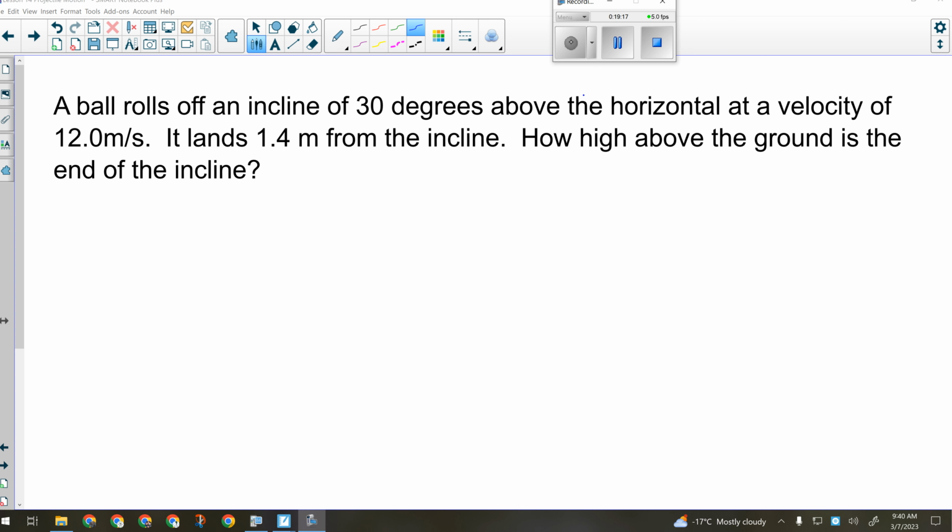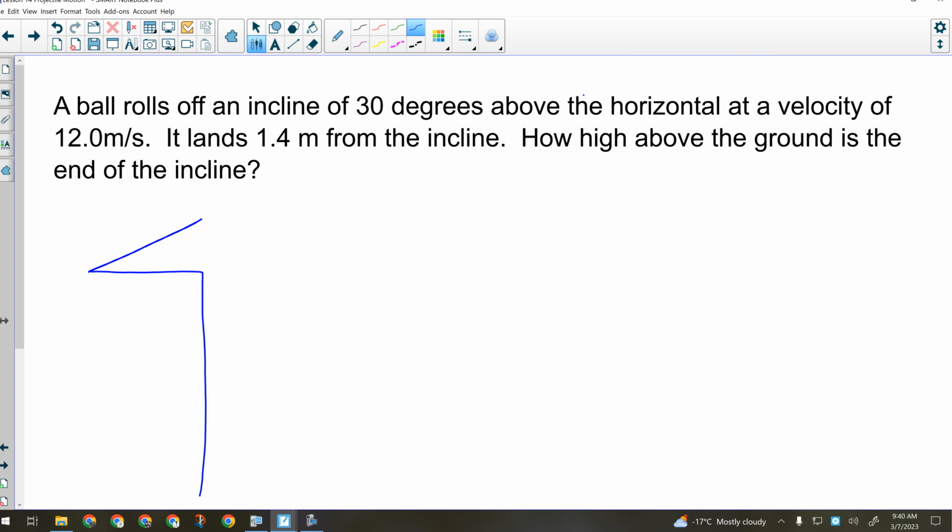So on this one, we have this situation. The ramp is on top of an incline. So we're going to have this kind of happening. How high above the ground is the end of the incline?